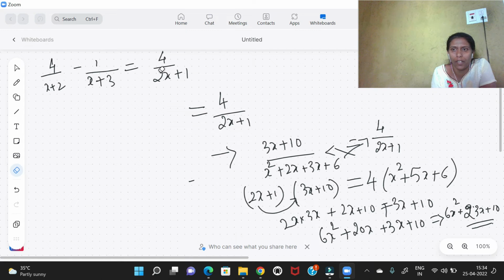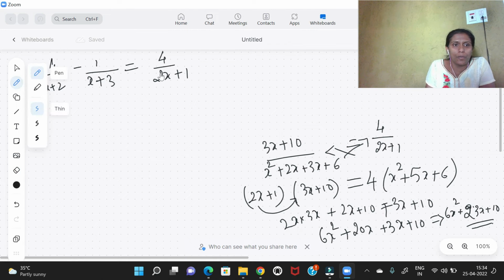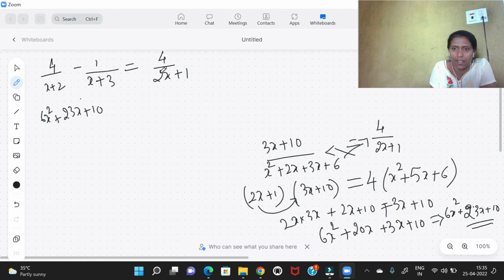So what happened here is, yes, we did the multiplication and it was the top one which came out, and now it is for the left numerator. The answer was 6x square plus 23x plus 10, right?